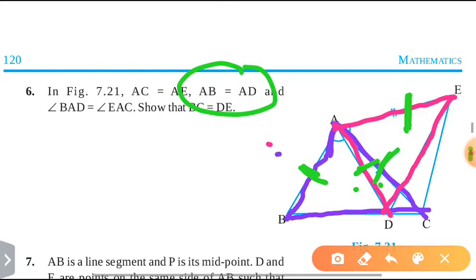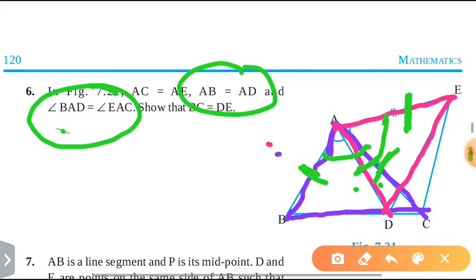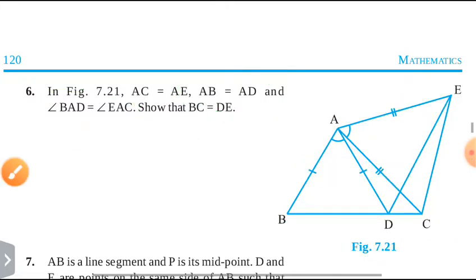You can see that these corresponding sides of the two triangles are equal. But one more thing we require is the angle. Which angle should be equal? This whole angle should be equal to this whole angle. But if you see carefully, we have been given half of the angle equal. BAD, that means this half angle, and similarly EAC, this half angle, are given equal. So what do we have to do?